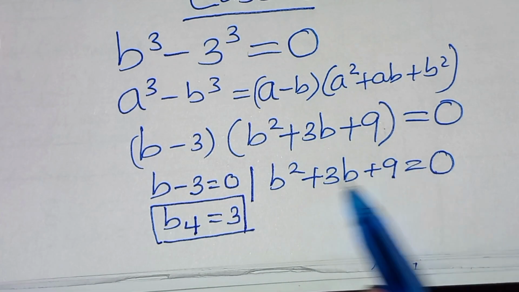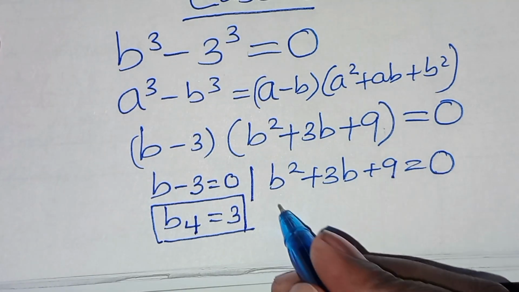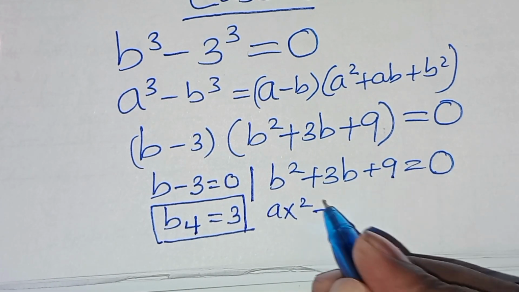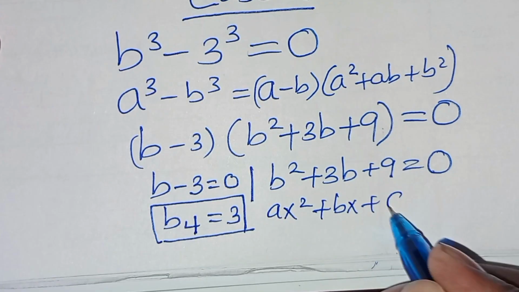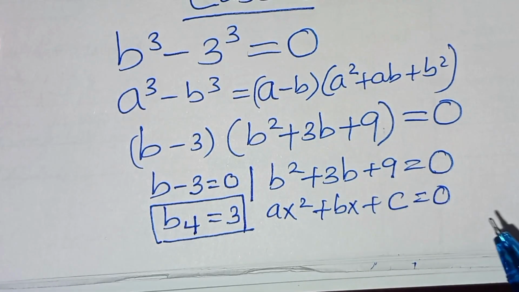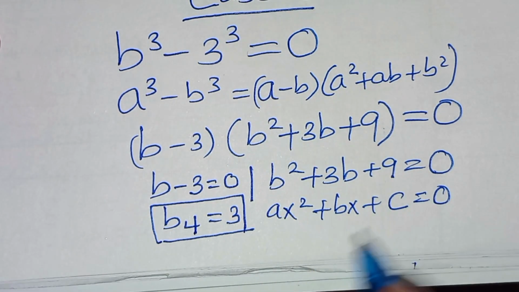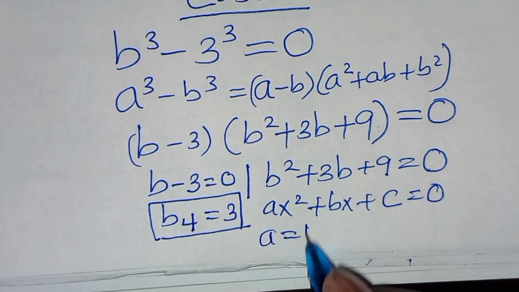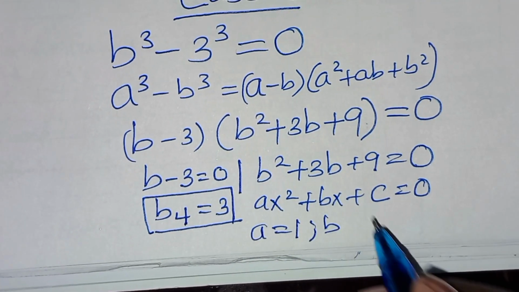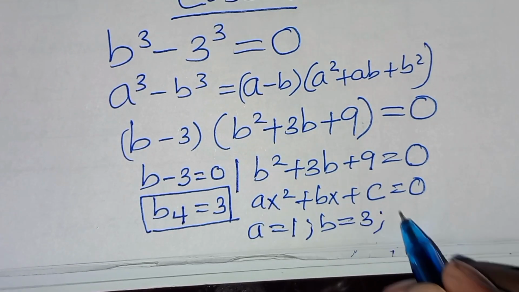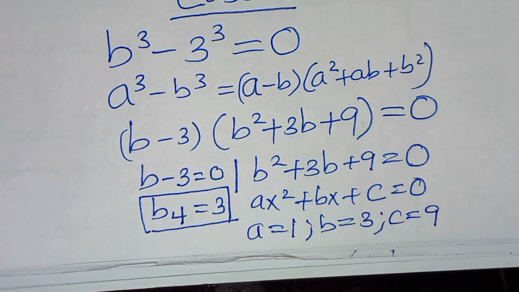The second part here is a quadratic equation of the form ax squared plus bx plus c equal to 0. From this quadratic equation, a is equal to 1, b is equal to 3, and c is equal to 9.